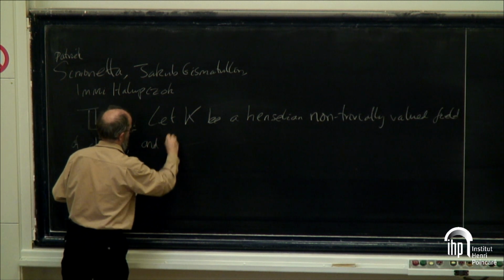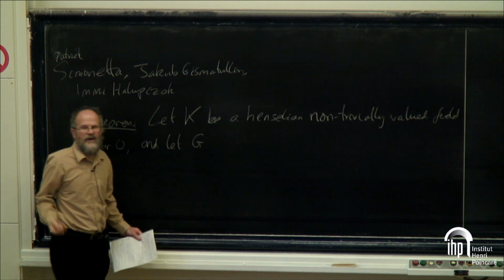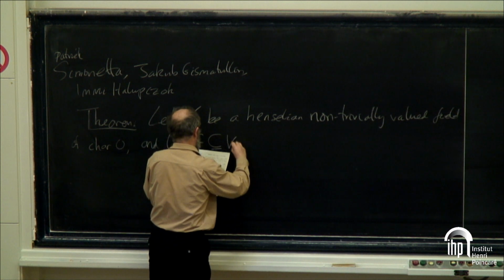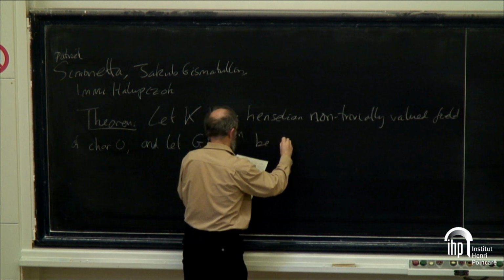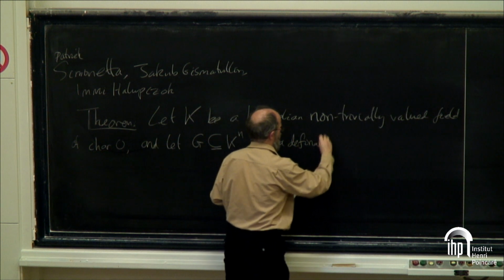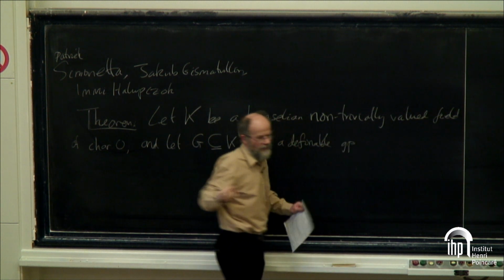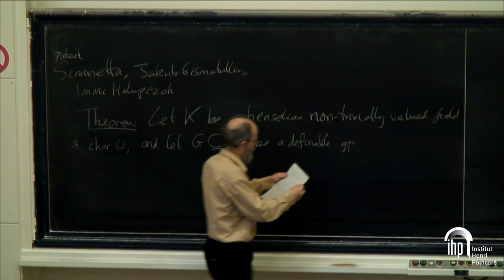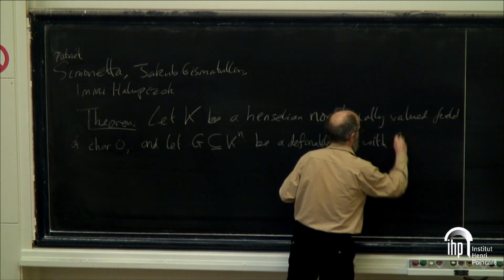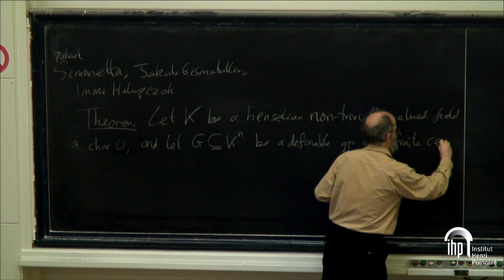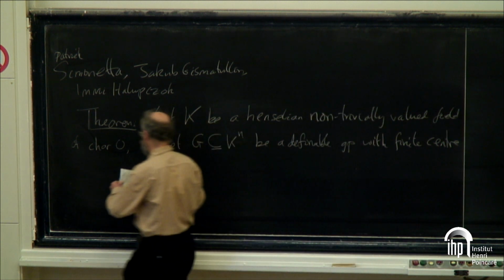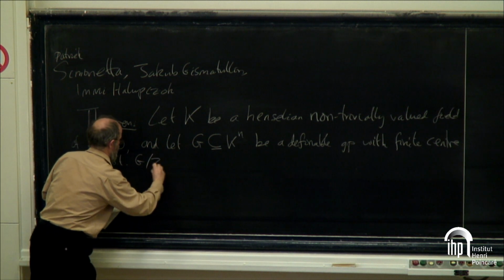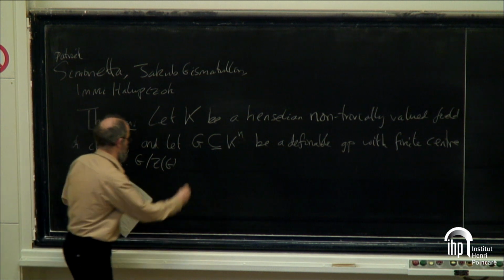And let G, living in the valued field sort, a subset of K to the n, be a definable group. I'm not making a big deal about what the valued field language is, just a language for valued fields. This is a definable group with finite center Z of G such that G mod Z of G is non-abelian simple.